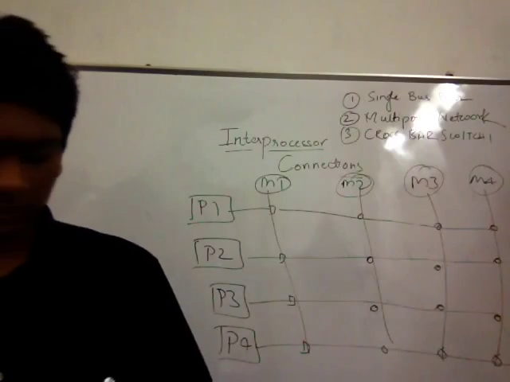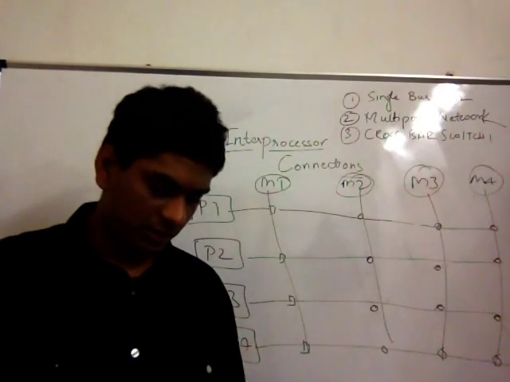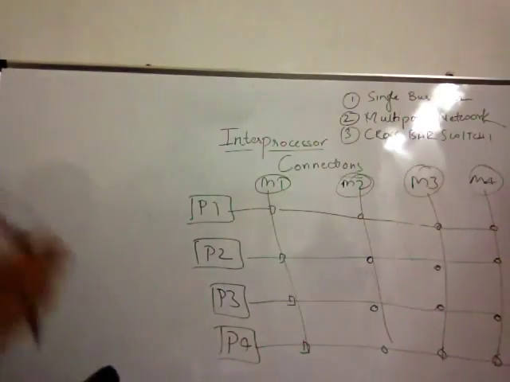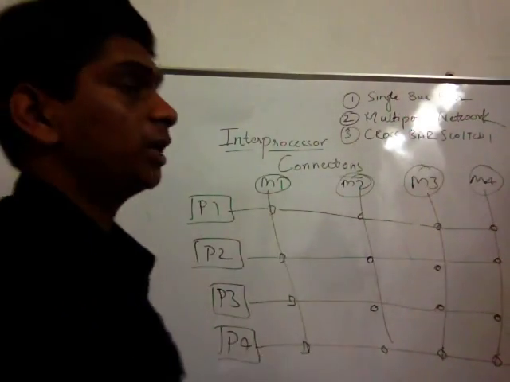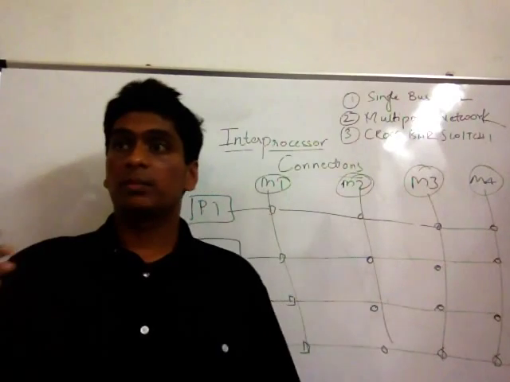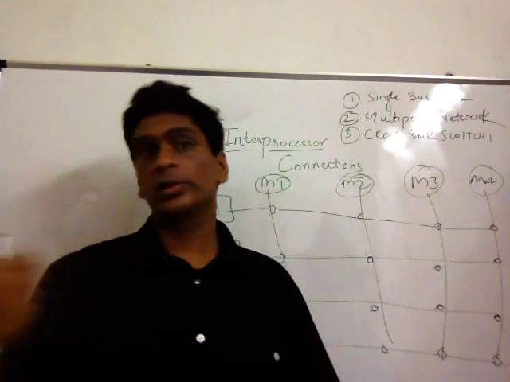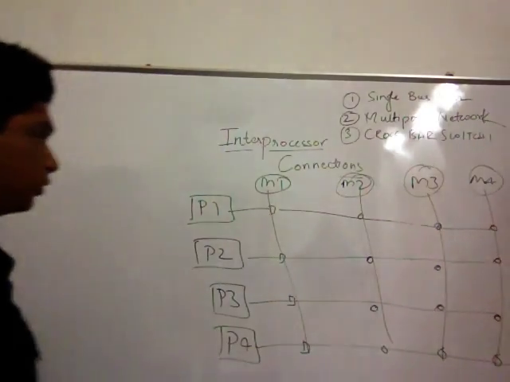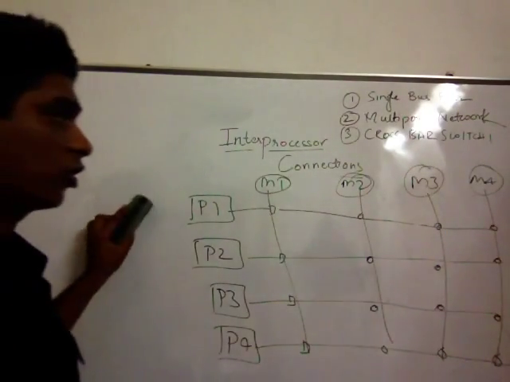However, from our exam point of view, the first and the second are more important, although you might be asked to explain all the 5 types of interconnections. So just go through this. This is your crossbar switch.